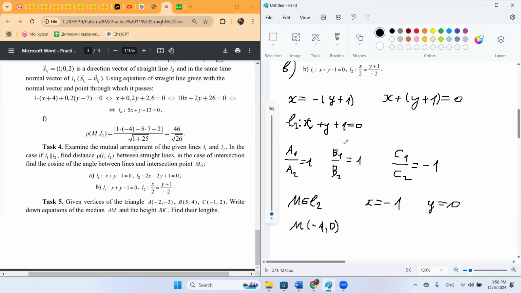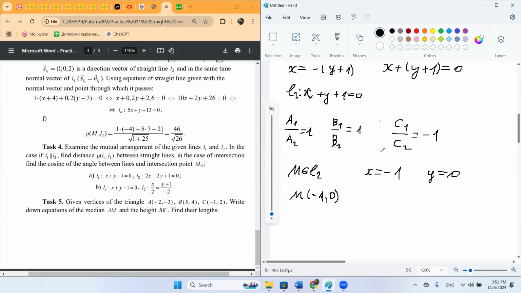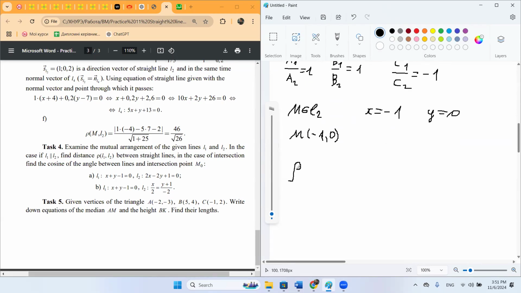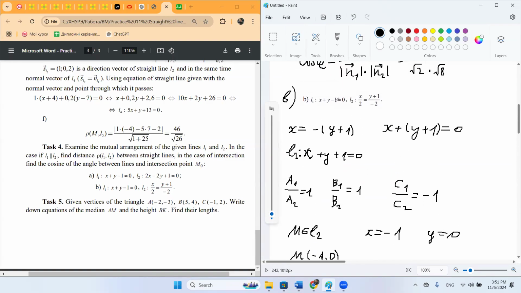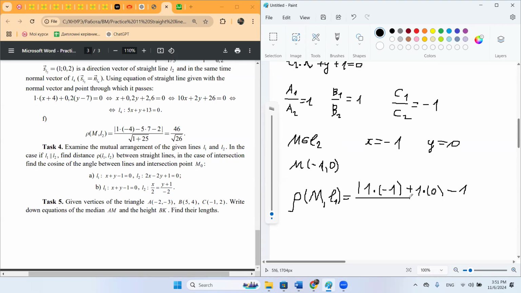So, and now let's move next. Finding the distance between M and L1. So L1: 1 by -1 plus 1 by 0 minus 1. And 1 plus 1.